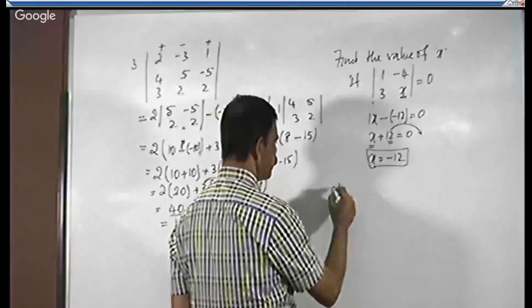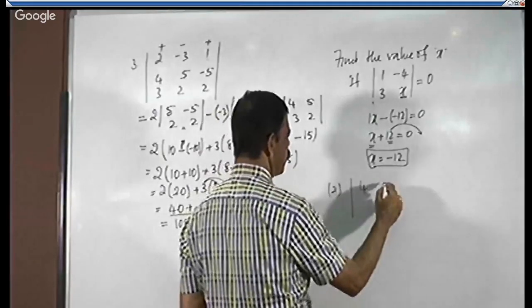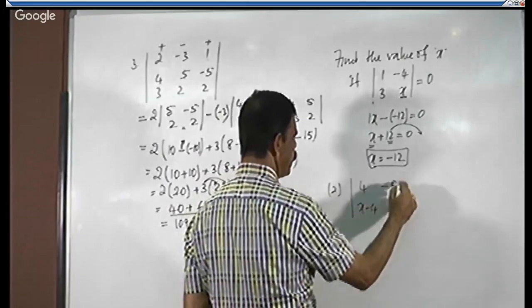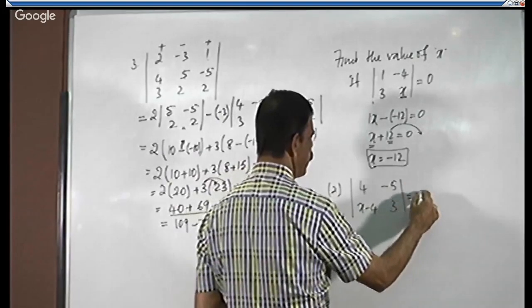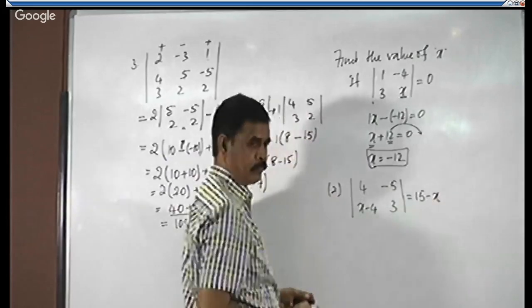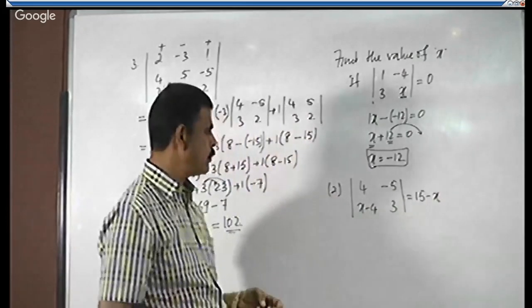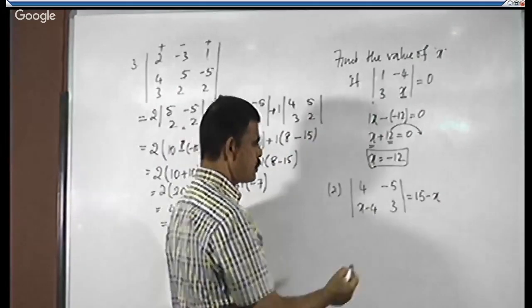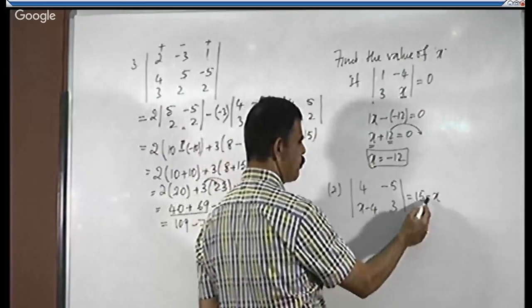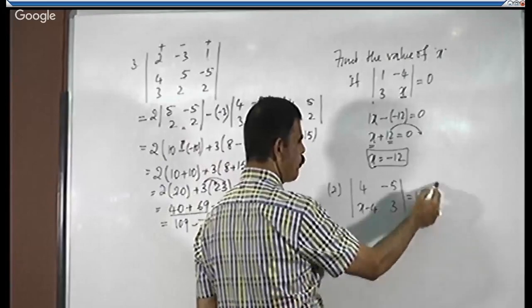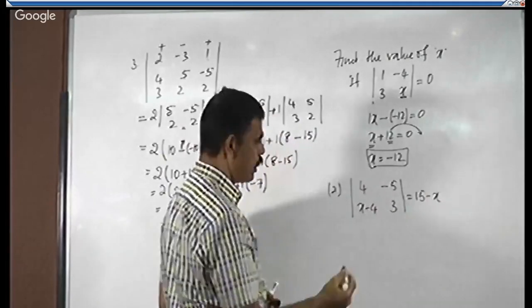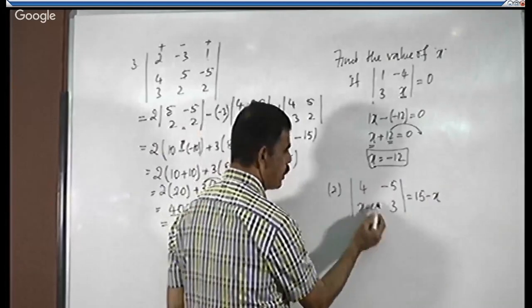Next, let us take the second one. 4, minus 5, x minus 4, 3 is equal to 15 minus x. Whose value is also given, which is 15 minus x. For what value of x will this hold? You just expand it.